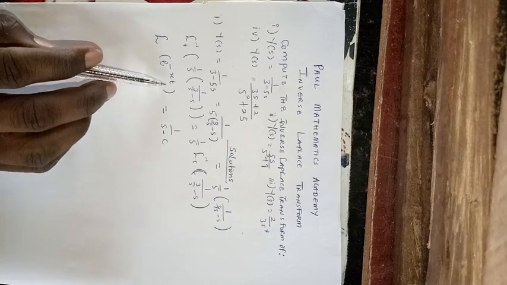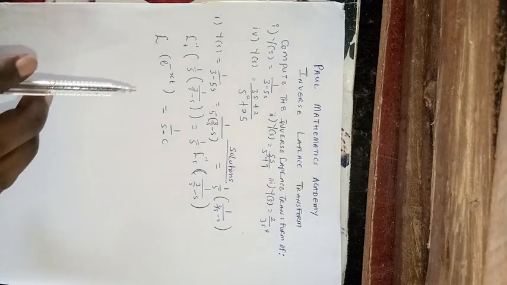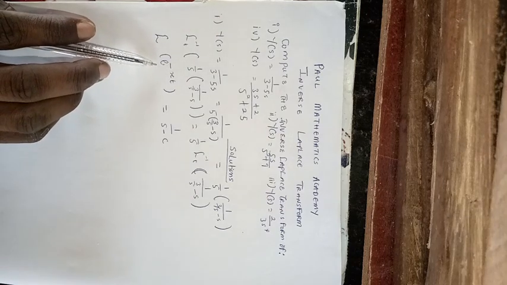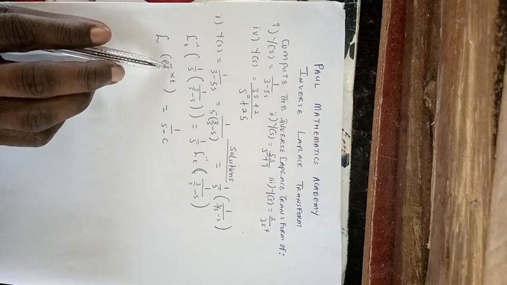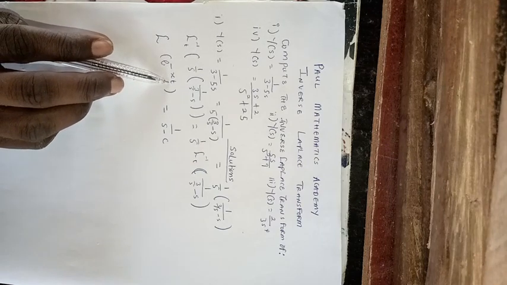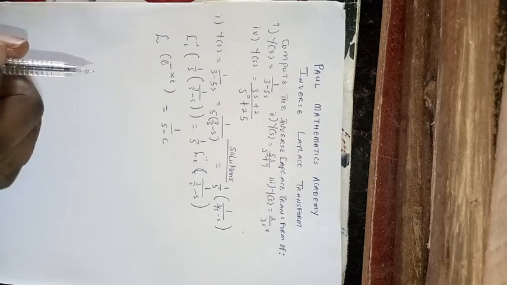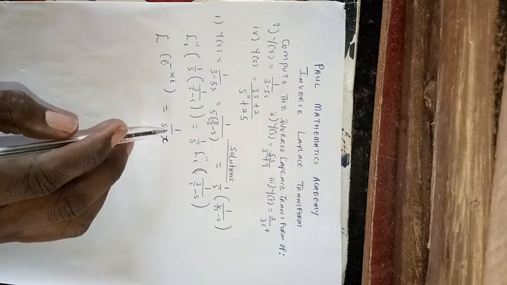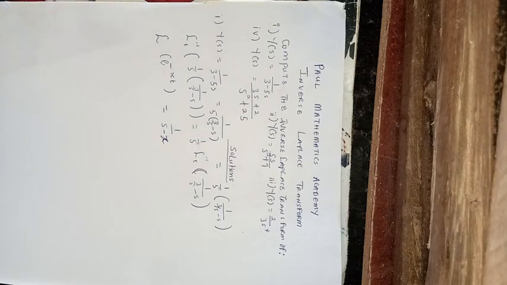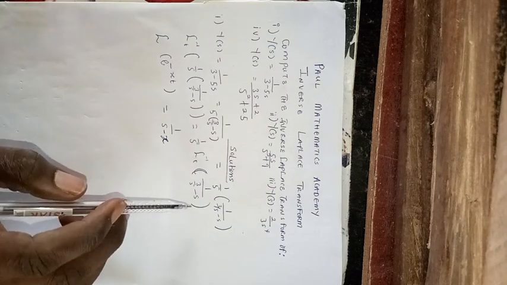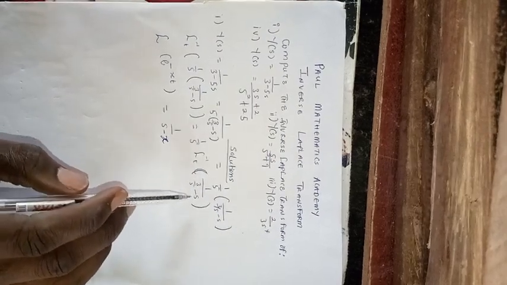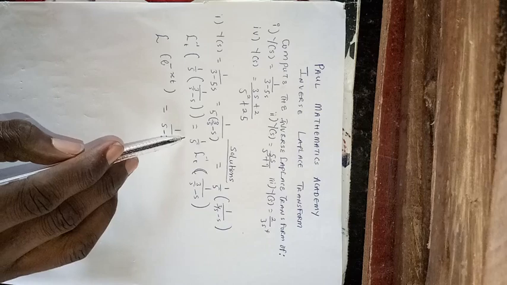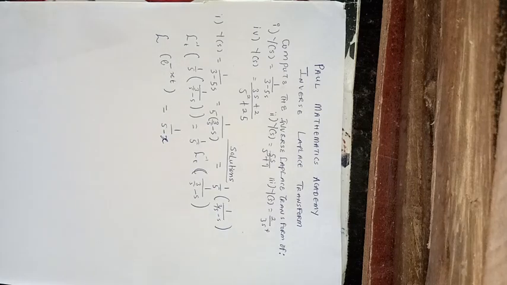If you take the inverse Laplace of e raised to the power of minus xt, sorry, this is x, this is going to give you 1 over s minus x. Now what can we do here to manipulate this to be in the form of this?